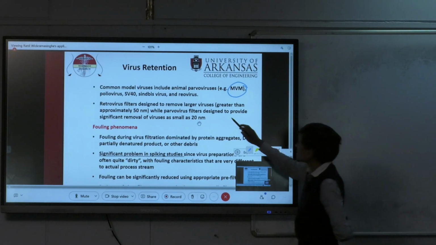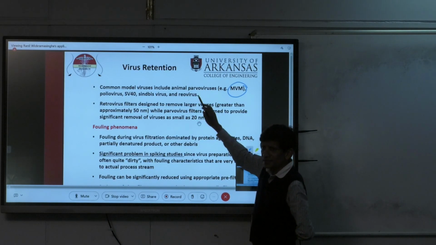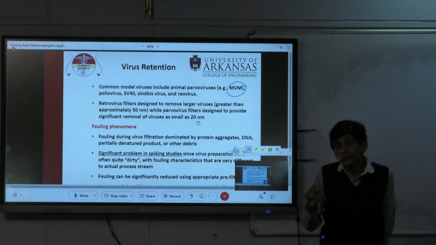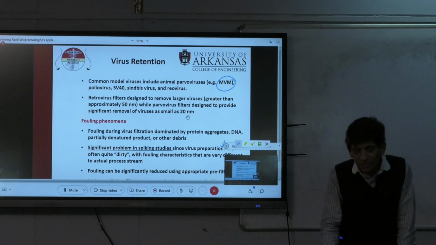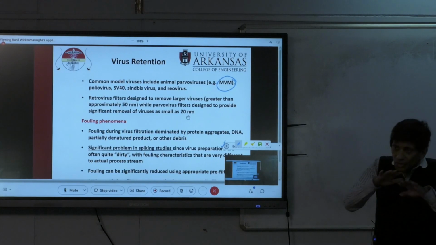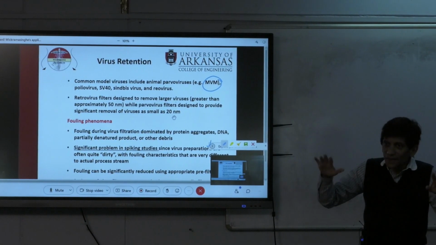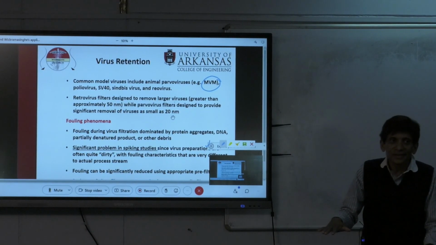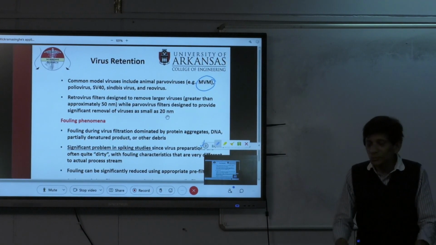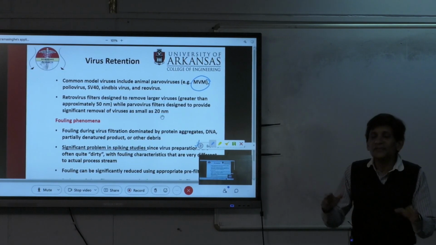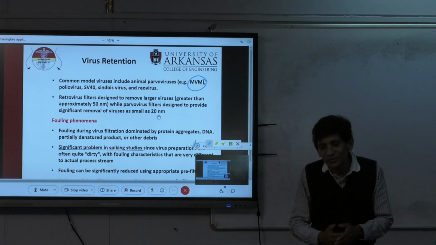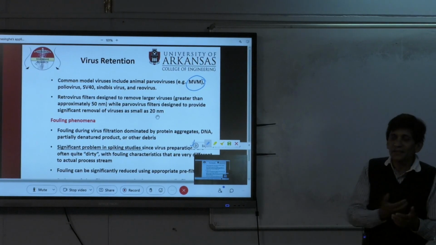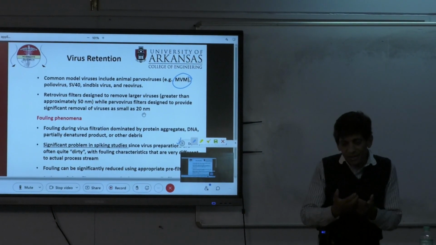Retroviruses are designed for larger filters, but I told you now they're removed by the same filter, so this is what used to happen. But if you went to a manufacturing facility, you may see this. Because the other complicated thing in the biotech industry is you have to get your manufacturing process validated, approved by the regulatory authorities. Once that is done, as an engineer working there, you wouldn't want to change anything. Because even if you can simplify it by removing a retrovirus filter, now you've got to do all these validating studies again, and the regulatory authority has to come and approve it again.